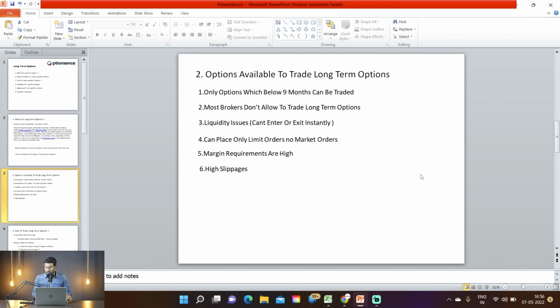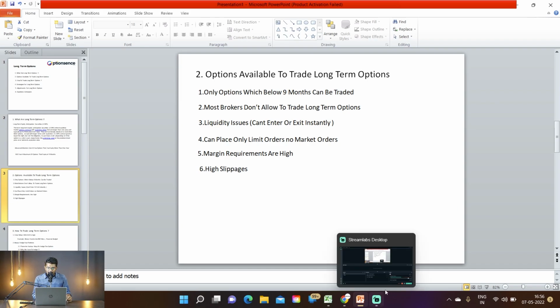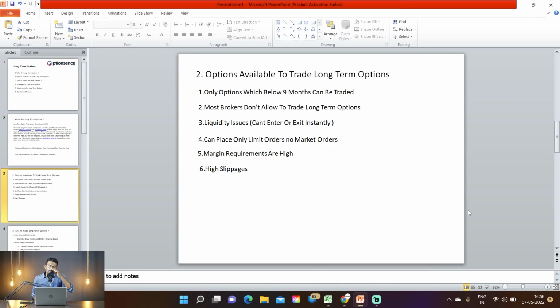This is the downside of a long-term option. These are called slippages. Even if you place a limit order, there is no guarantee you will get that rate. That order will be filled only when that rate comes. Maybe you have placed for 100 rupees, and you will get it for 101 rupees, 102 rupees, something like that.